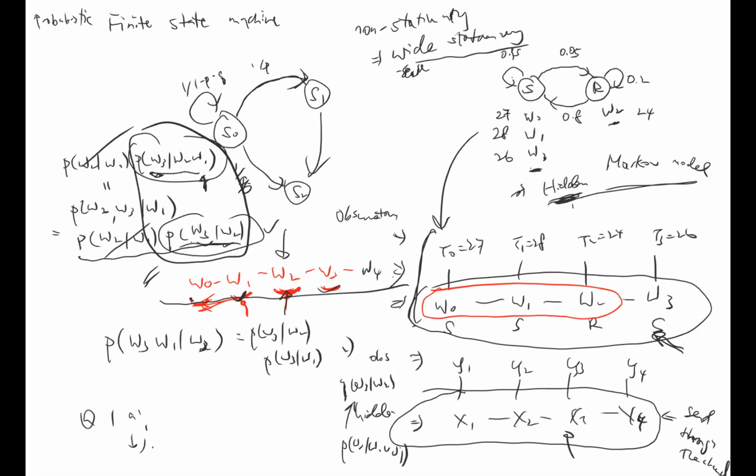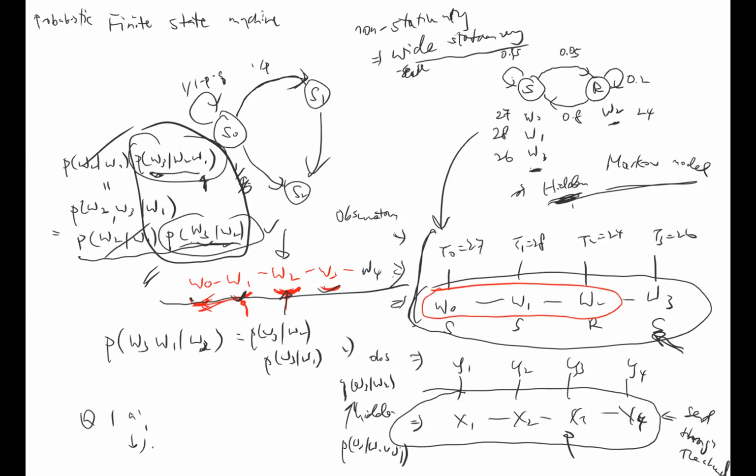Yes, sorry, I had another question. In the equation you wrote, P of W3, W1 given W2 is equal to P of W3 given W1 multiplied by P of W3 given W1, or is it?